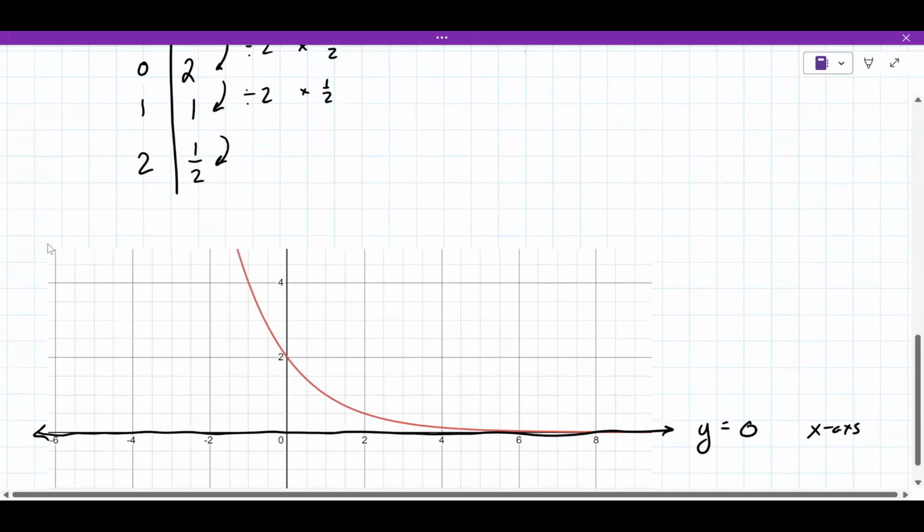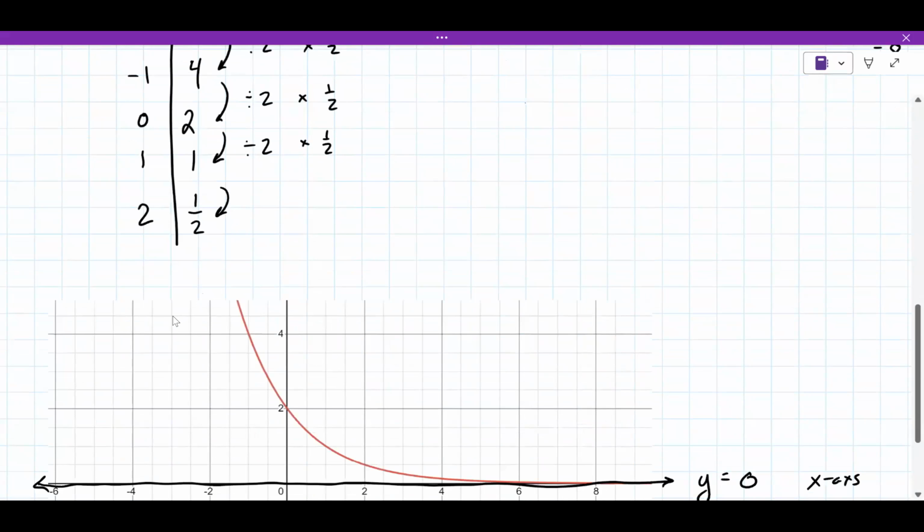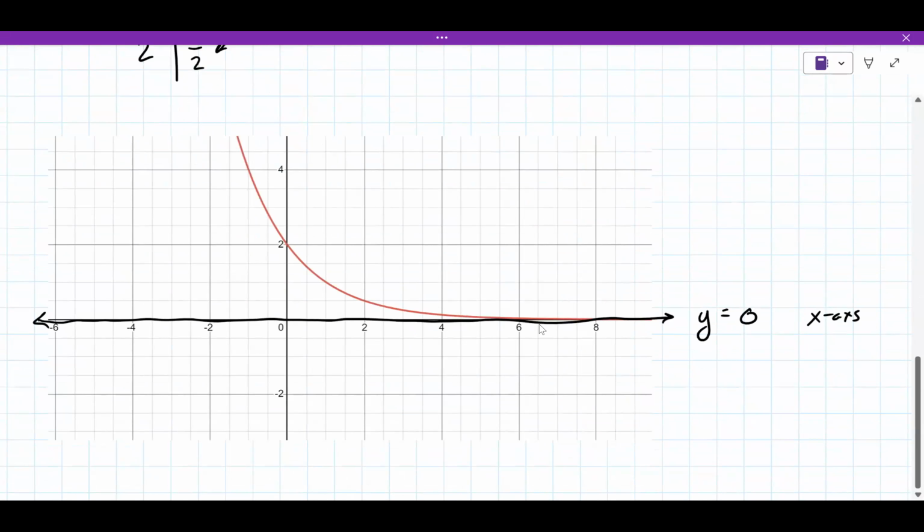And just like the previous problem, is there anything being added to the equation over here? Besides +0? Right. +0 just adds nothing. And this number off to the side is always the horizontal asymptote. It's always the equation that the graph approaches.